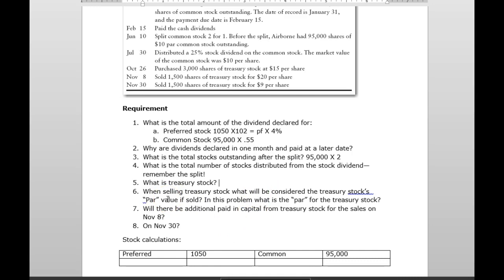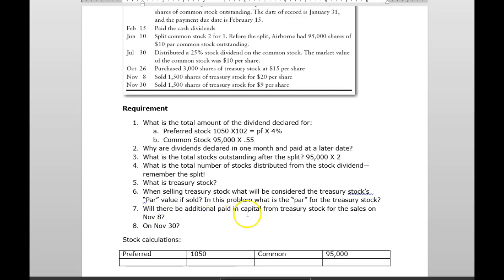Okay, now comes an interesting question. When you're selling treasury stock, what will be considered the treasury stock's par value if sold? And in this problem, what is the par for the treasury stock that you bought? And you're going to have additional paid-in capital at that point.